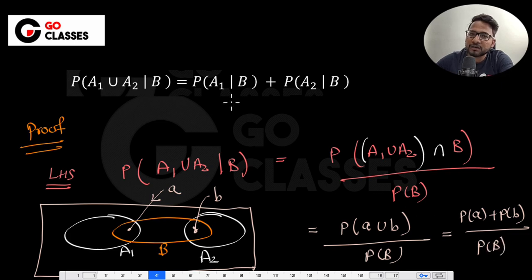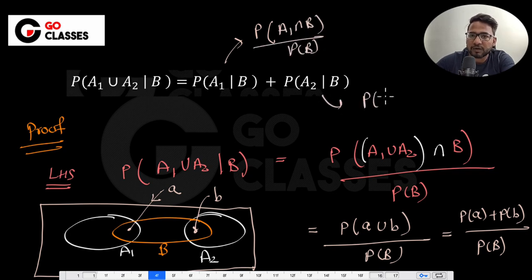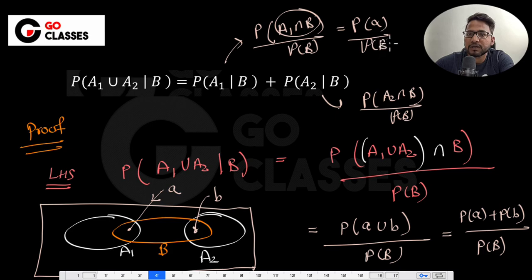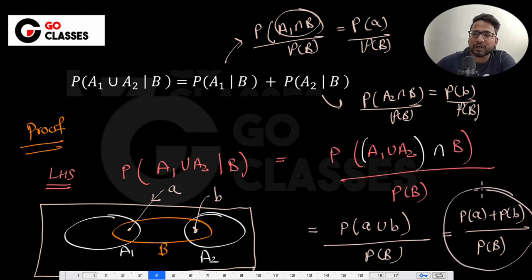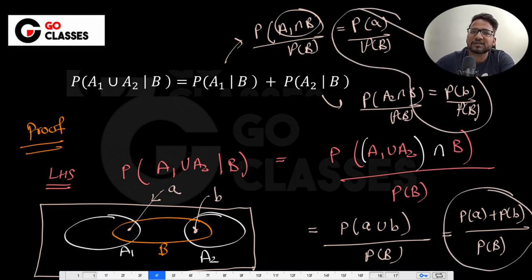And what RHS is saying, A1 given B. If you just open this up, it will be probability of A1 intersection B upon probability of B, and this will be probability of A2 intersection B upon probability of B. So A1 intersection B is nothing but small a, so this is probability of small a upon probability of B. Similarly this is also probability of small b upon probability of B, which means that LHS and RHS are both same.